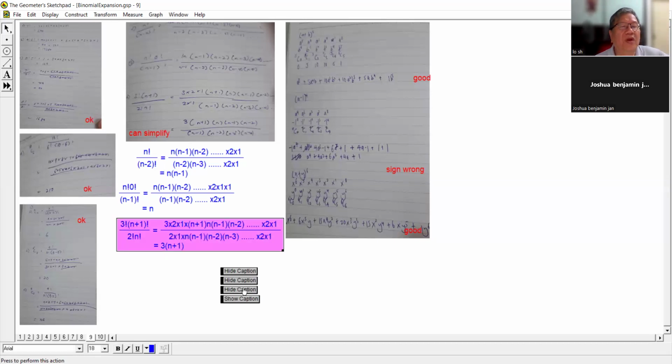Okay, can show. Right. So the next question is 3 factorial multiplied with n plus 1 factorial, divided by 2 factorial times n factorial. When it involves numbers, very good, you can see.